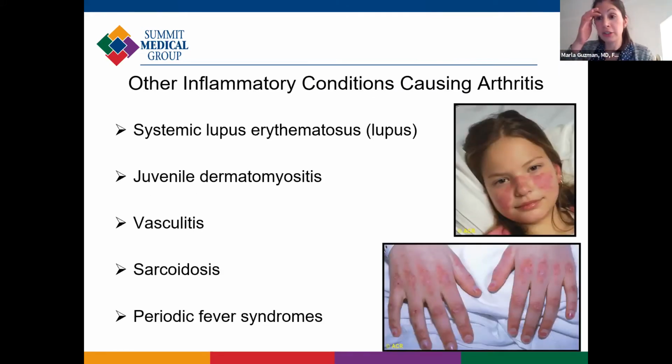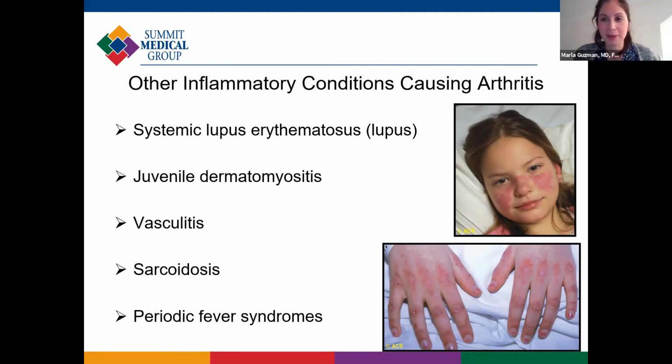So these are the other conditions that I see patients for that may cause arthritis. Systemic lupus, or lupus, can cause arthritis as one of its manifestations. Children with all of these conditions, and I'll go through each of them briefly, have other signs and symptoms other than just arthritis, things like fever, rash, weight loss, which you will not see in children who have the other types of JIA.